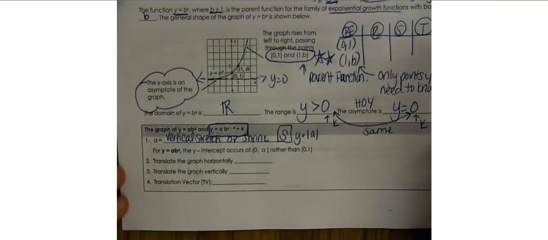That means that when we do stretch or shrink, we'll be multiplying all of our y values by the absolute value of a. So that is in the S column. We're going to multiply all y values by the absolute value of a.